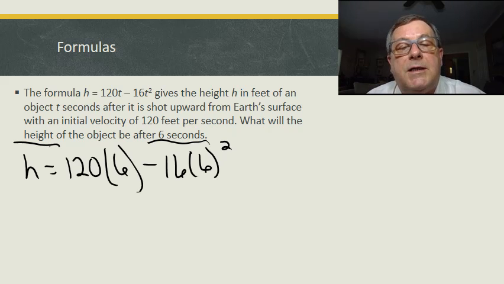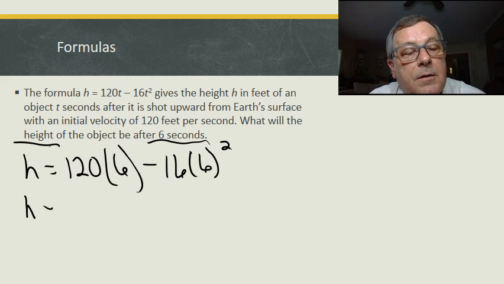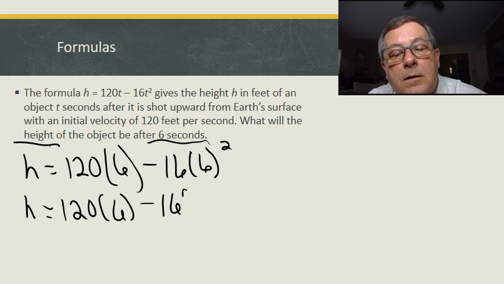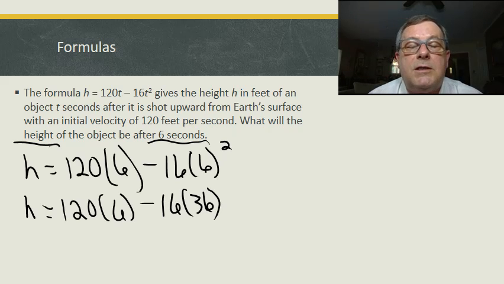Why don't we go ahead and deal with that exponent first. So we still got H equals 120 times 6 minus 16 now times 36. 6 squared, 6 times 6 is 36.